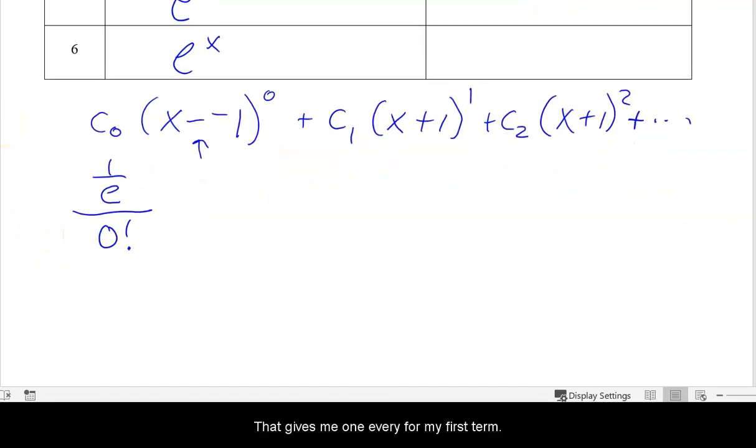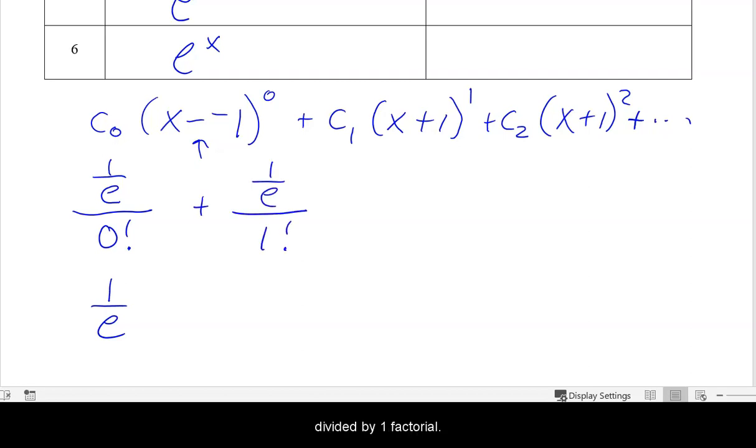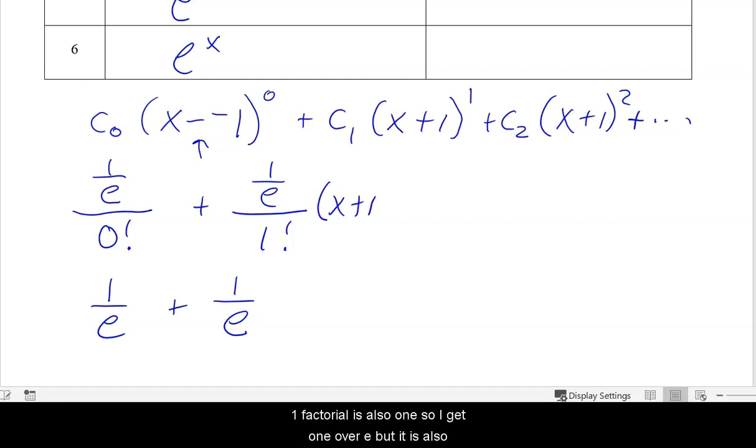That gives me 1 over e for my first term. In the next one, c1, the first derivative at the center is also 1 over e, and it's divided by 1 factorial. 1 factorial is also 1, so I get 1 over e, but it is also multiplied by x plus 1 to the first.